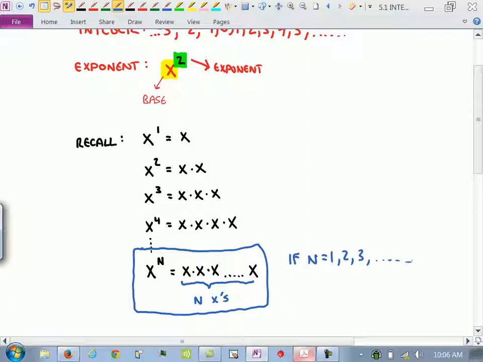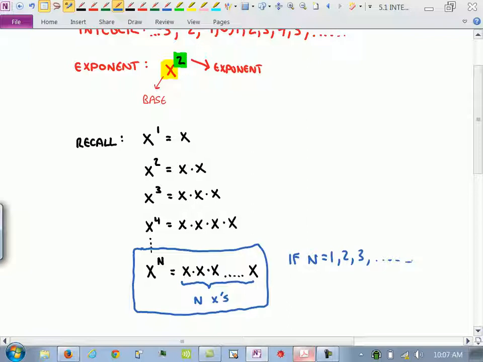So as long as the exponent is a positive integer, all the power did was tell us how many times to repeat the multiplication. We're interested today in talking about what happens when that number up there is negative.